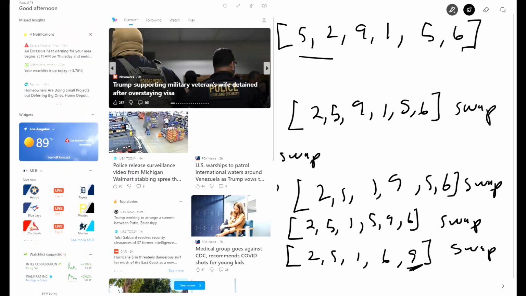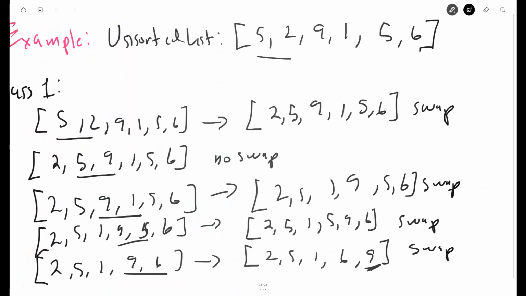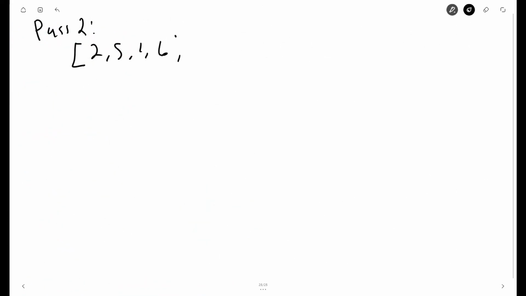Okay, so pass 2. Right now we have 2, 5, 1, 5, 6, and 9. We're going to concentrate on the first two, 2 and 5. That is correct, so no swap.